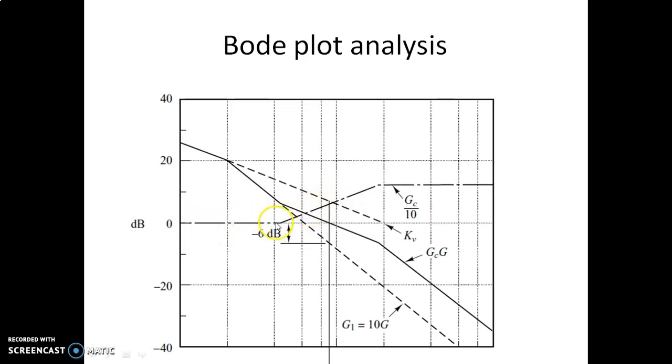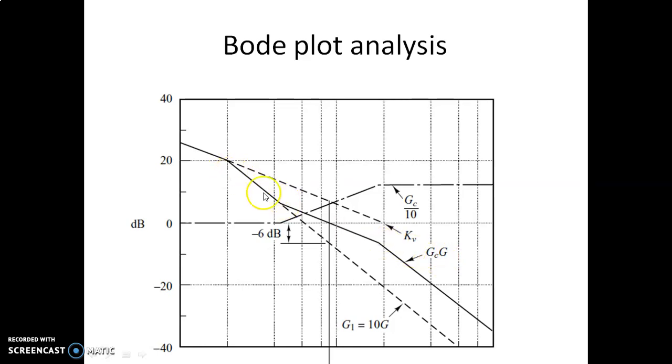It is 0 dB per decade till 4, and at around 18.4 there is a pole. So there is a zero at 4.4, a pole at 18.4, and this is plotted with GC by 10. These are the individual plots, and this is the complete plot, that is the product of GC and G.